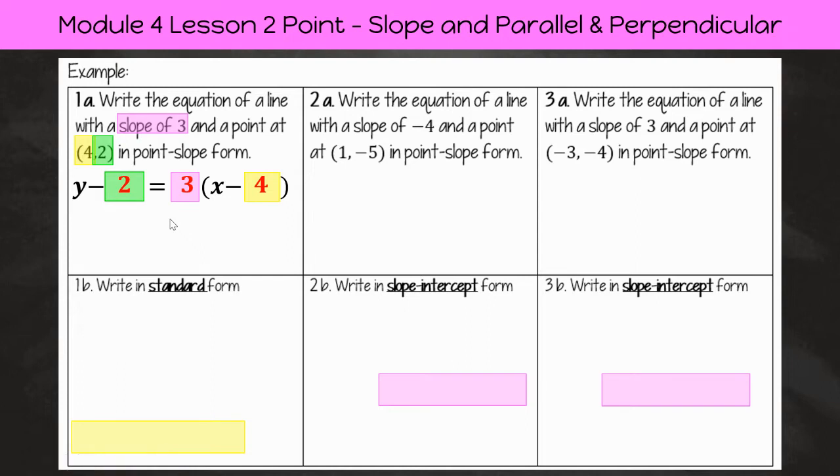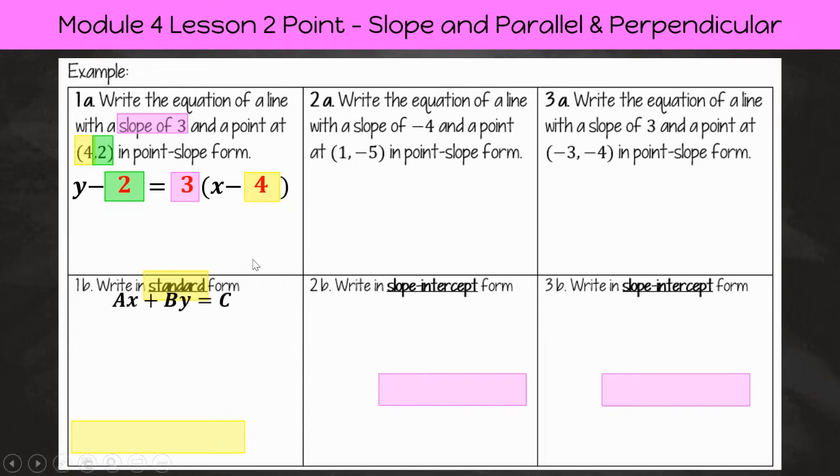So y minus 2 equals 3, our slope, multiplied by x minus 4. Now that I have this in point slope form, I can leave that alone because I have written a 2-variable linear equation. Now, 1b says that I need to write this equation in standard form.